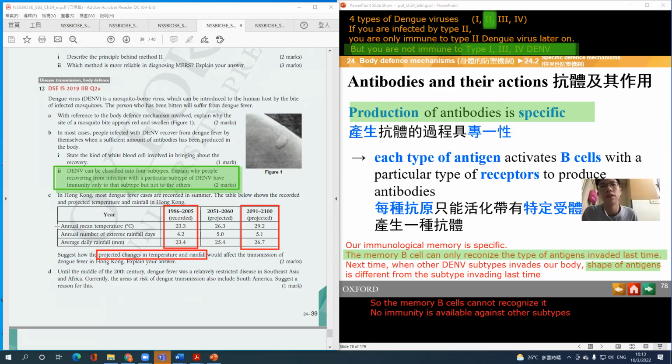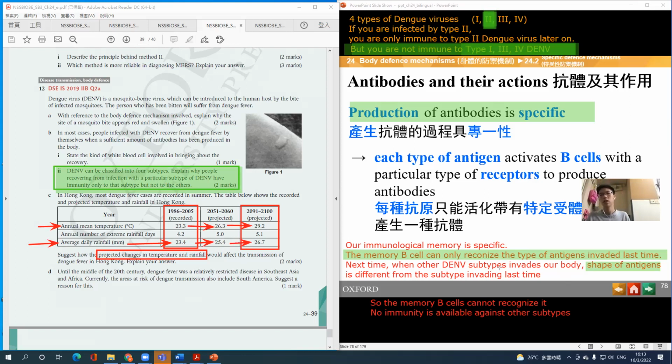What happens to the temperature? Okay, temperature increase. What happens to the rainfall? Number of days of rainfall and also the average rainfall.